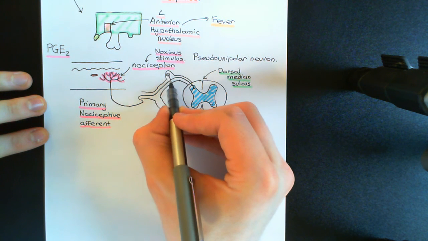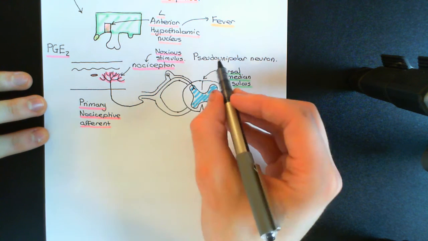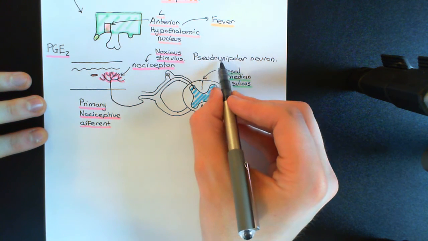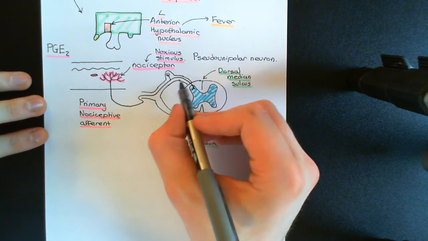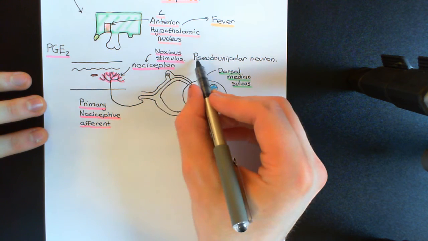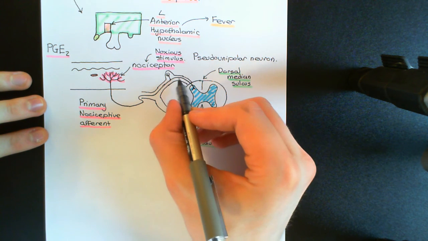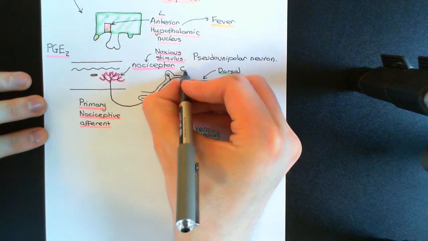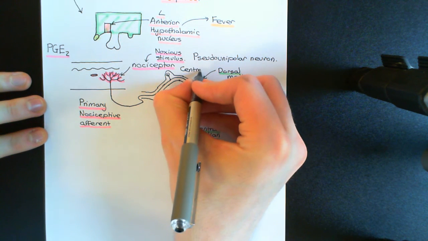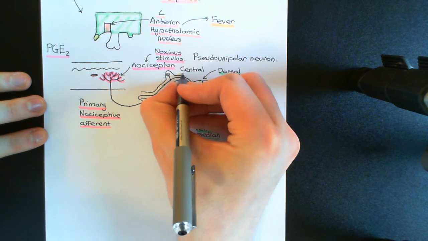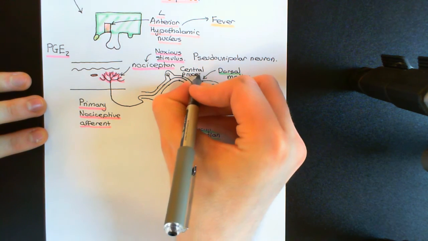So here's the cell body. You can see that there's a single process coming off. The reason it's called pseudo-unipolar is that effectively it's a bipolar neuron with two processes. So even though there's only one process coming off the cell body, you can see that this very quickly splits into two separate processes. One that goes into the central nervous system, this one here, known as the central process.